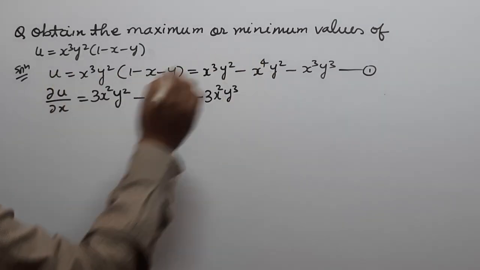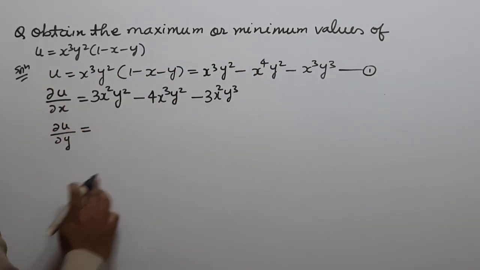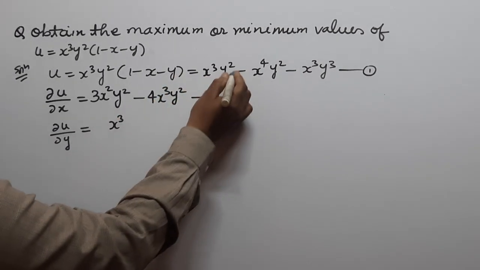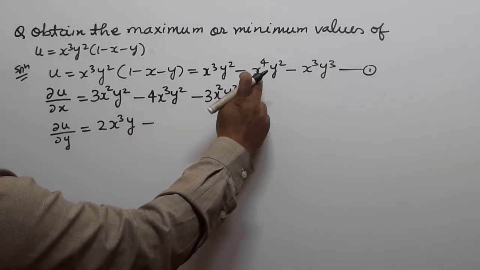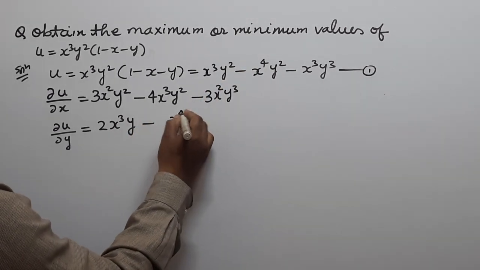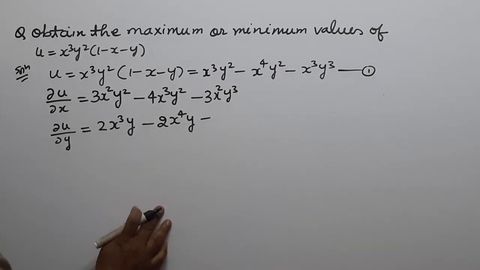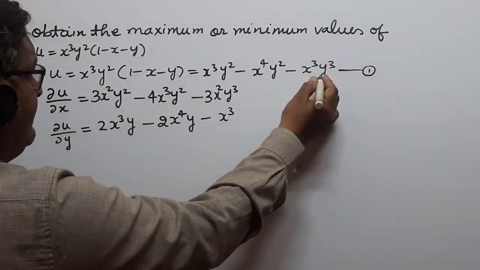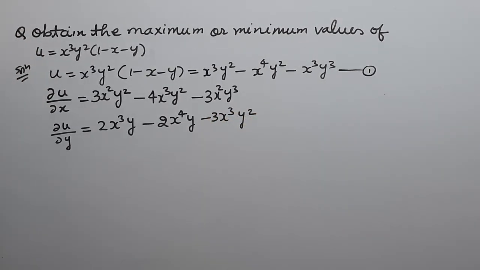Now we differentiate u partially with respect to y. So x cube is constant here and the differentiation of y square is 2y, minus x to the power 4 is constant and the differentiation of y square is 2y, and here x cube is constant and the differentiation of y cube is 3y square.